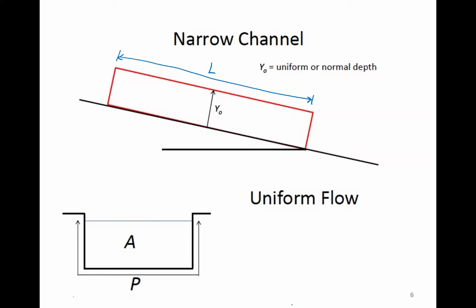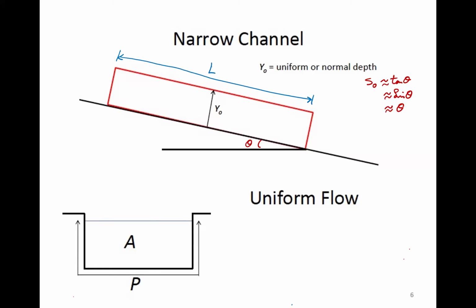The slope is not too large, so I'm going to write it here. The slope S naught is almost equal to tan theta. Theta is this angle here. And this is almost equal to sine of theta, and this is almost equal to theta itself in radians.